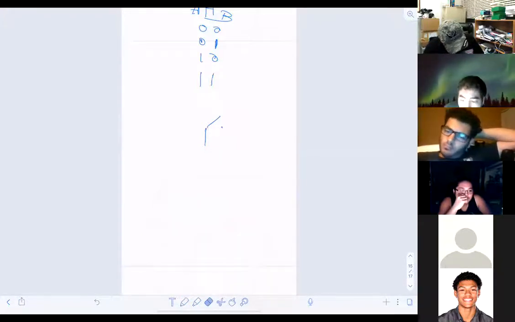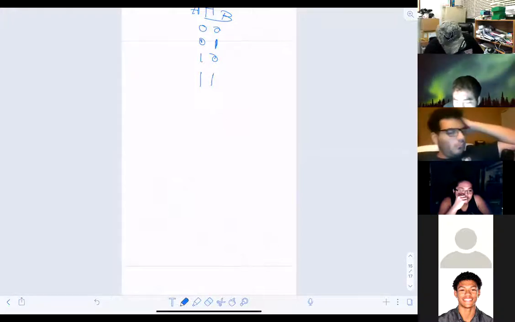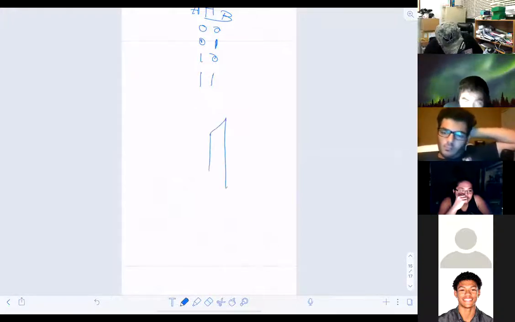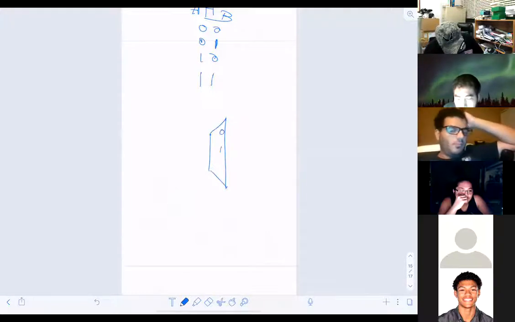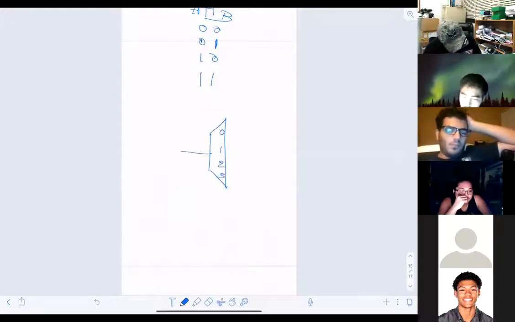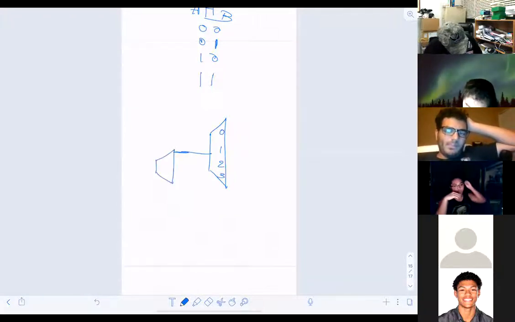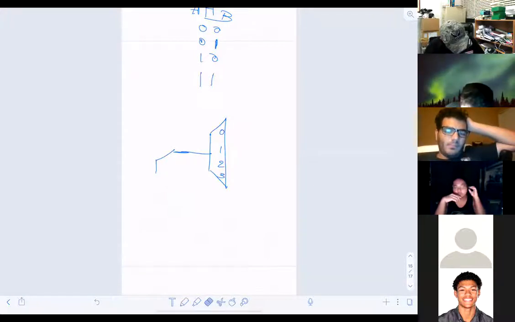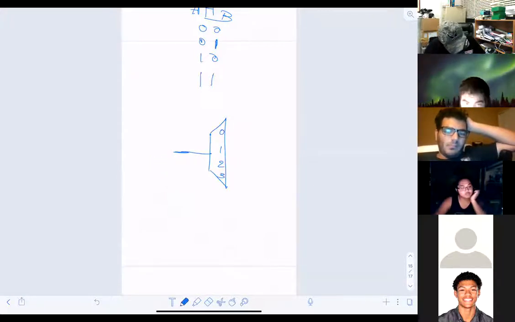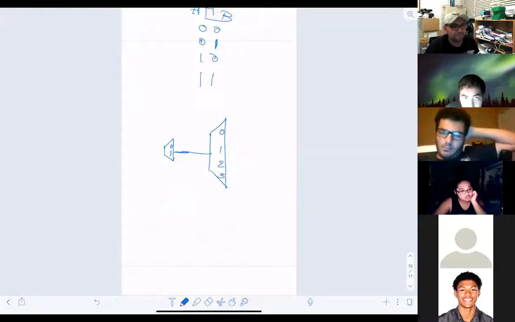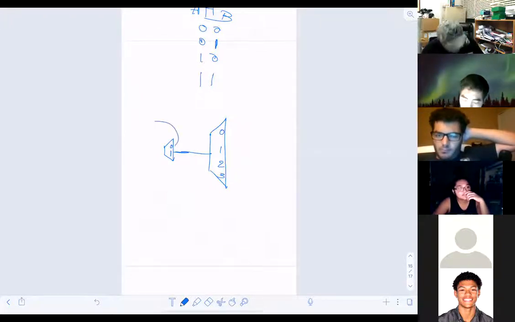Gonna go here, 0, 1, 2, 3, and like this. Be more organized. So it's going to be different. It's going to be like this. And then this is floating. I don't care about it.